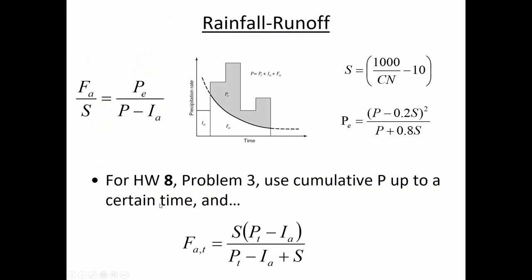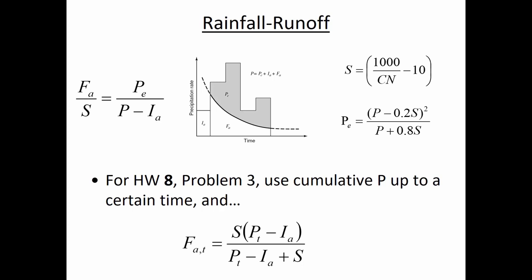We've already seen all this. Oh, okay, here's a hint for the homework. For problem 3 on your next homework assignment, use the cumulative precipitation up to a certain time, and this formula can be used for the precipitation at that time.